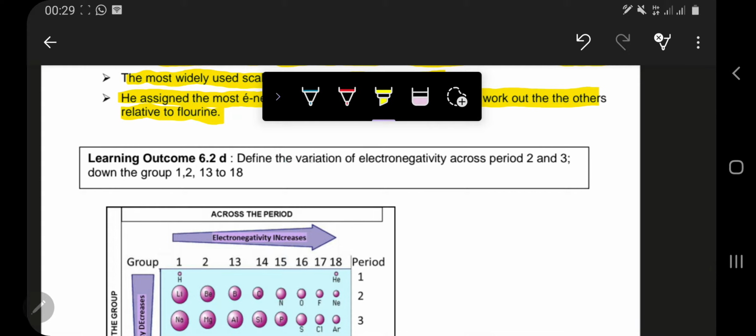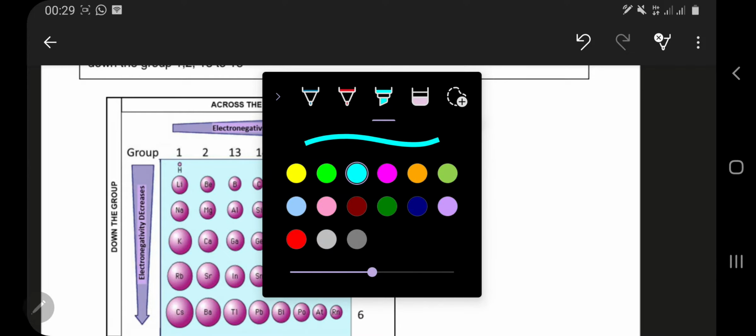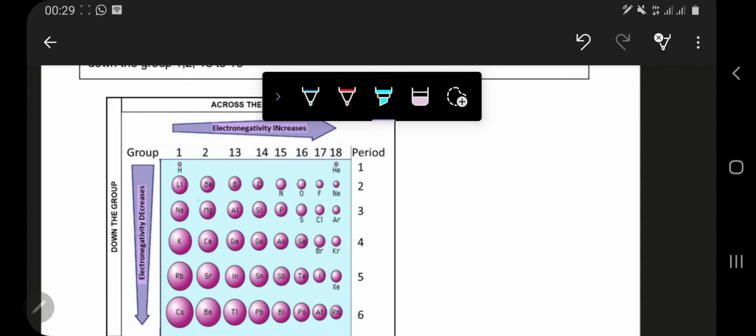Okay, next we go to the variation of electronegativity across period 2 and 3. So which is period 2 and 3? This one is period 2 and this one is period 3.